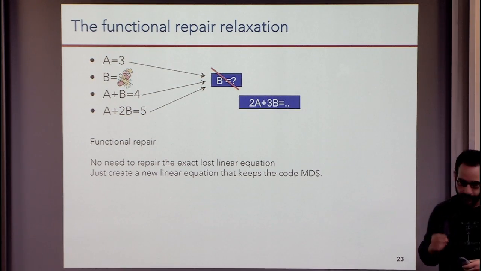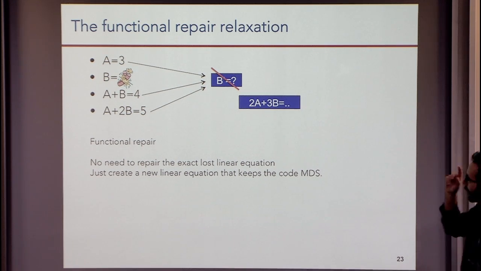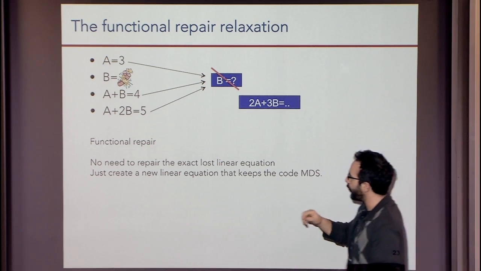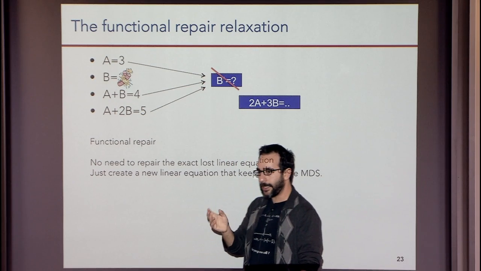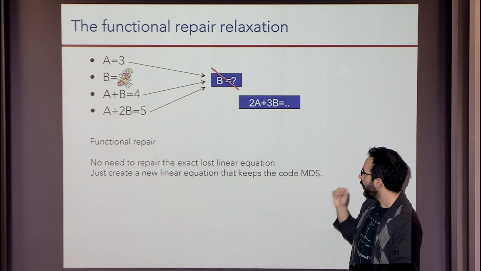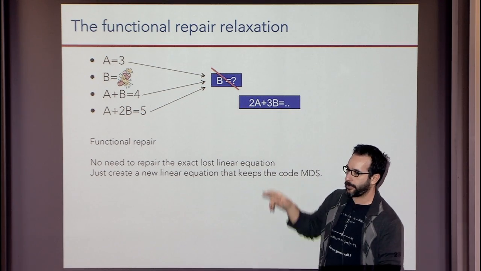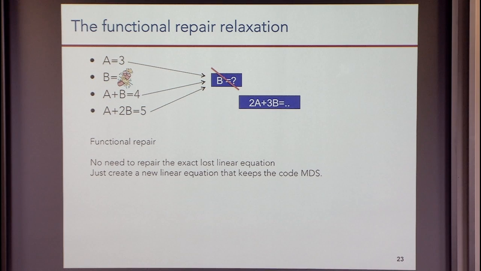Now, another thing that is important here is that we can make a little relaxation to the repair problem. Instead of recreating exactly the linear equation that was lost, I can take a step back and say, okay, you know what? Don't recreate exactly the linear equation you lost. Create a new linear equation that just has the property that it is in general position compared to the others, which means that you just created a new MDS code.